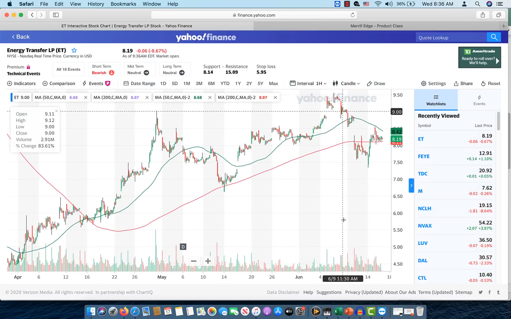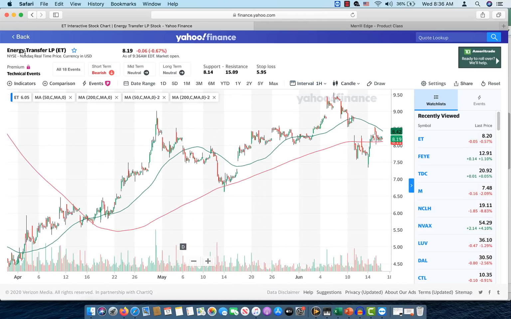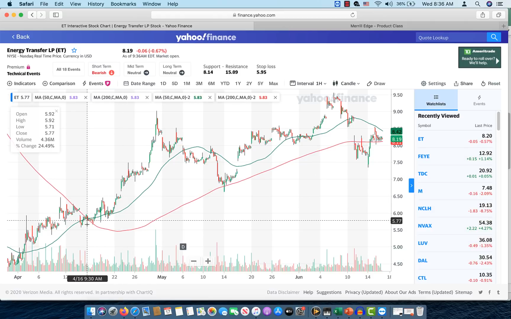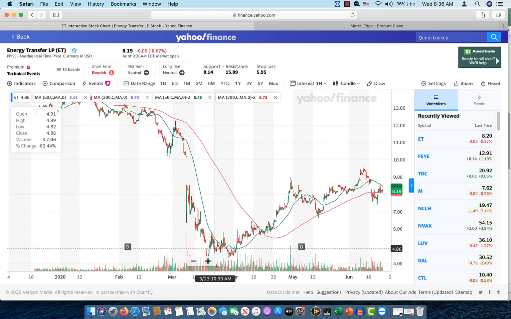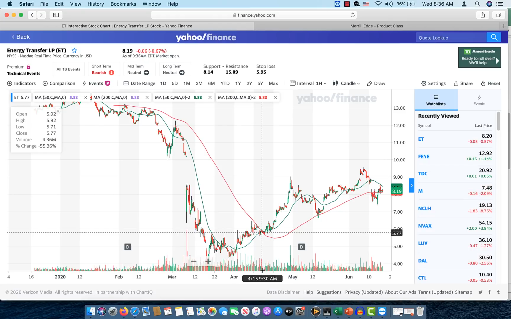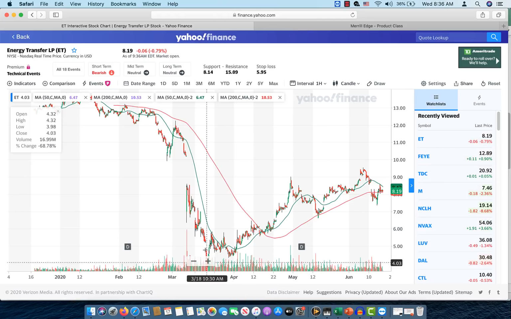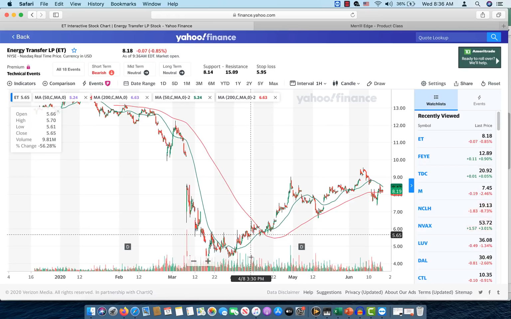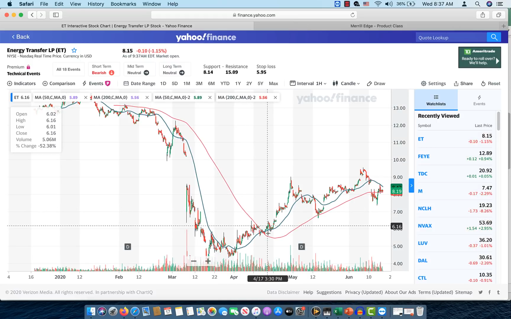The hourly, like the 1 hour chart here on this stock, which is our ET, it had to cross down here. That means we were falling off a cliff here, but we fell off the cliff already here. And you see the stock crossed the 200-day, which is the red one, and the 50-day is following it.